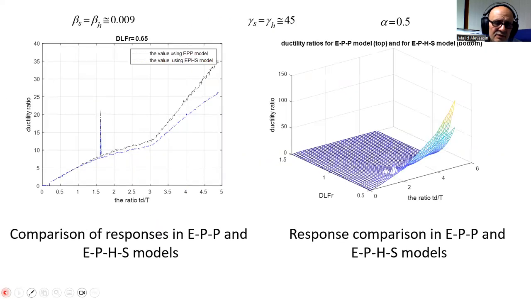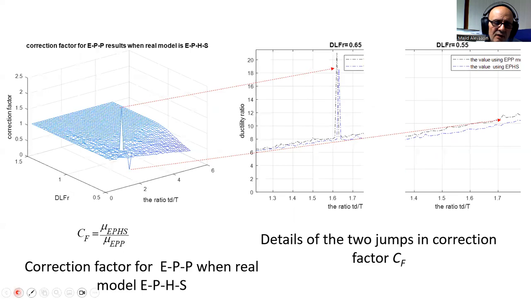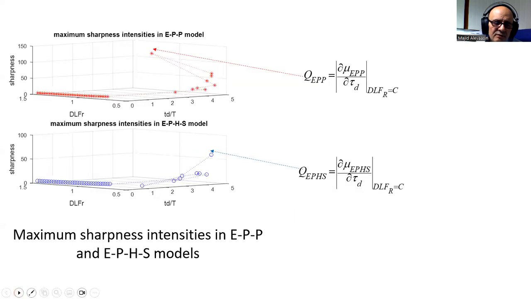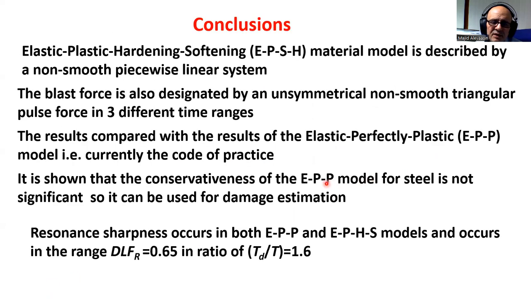Conservativeness is shown here. If this distance is significantly high, obviously the design of blast resistant structures by the EPP method will not be economical.